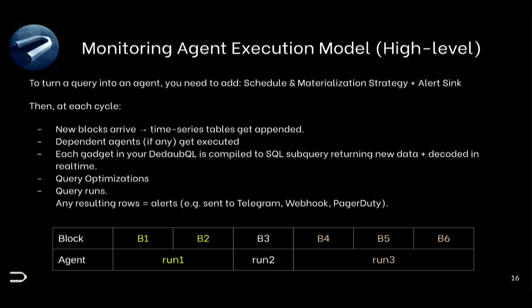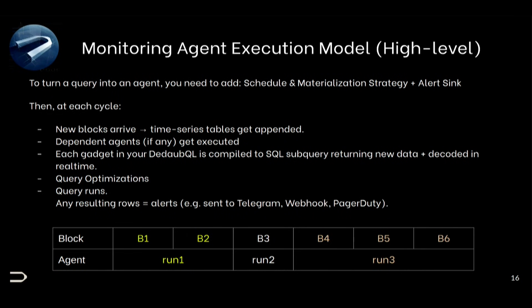Now let's see in more detail how the monitoring agents are executed. So to turn your query into an agent, you have to add a schedule and also a materialization strategy and also an alert sink. So at each cycle of the schedule, new blocks arrive, okay?